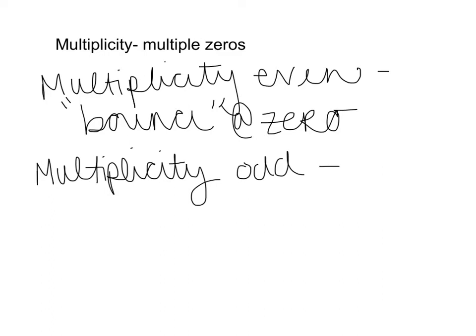If the multiplicity of a zero is odd, it is going to cause the graph at that zero to go through the zero.